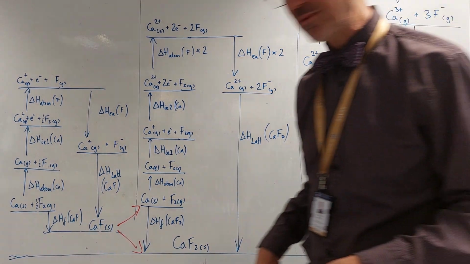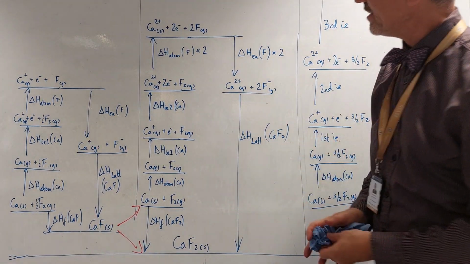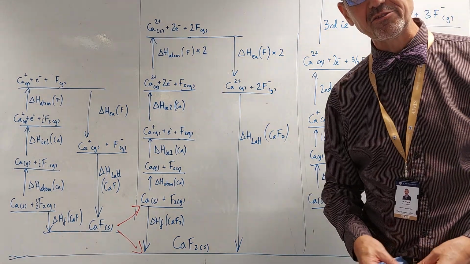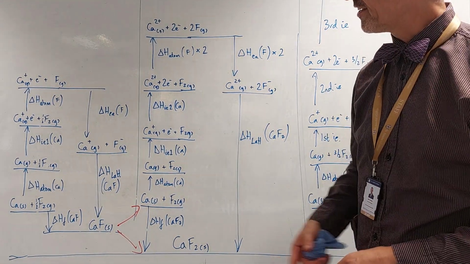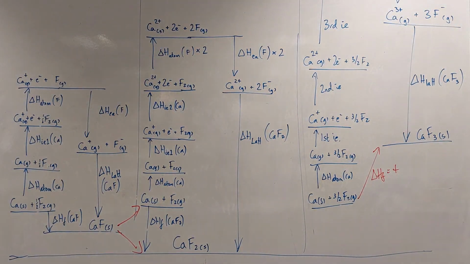Is that a word? Thermodynamical? I think it should be. It explains why CaF₂ is the go-to lattice of choice for calcium and fluoride. We don't get any CaF or any CaF₃.